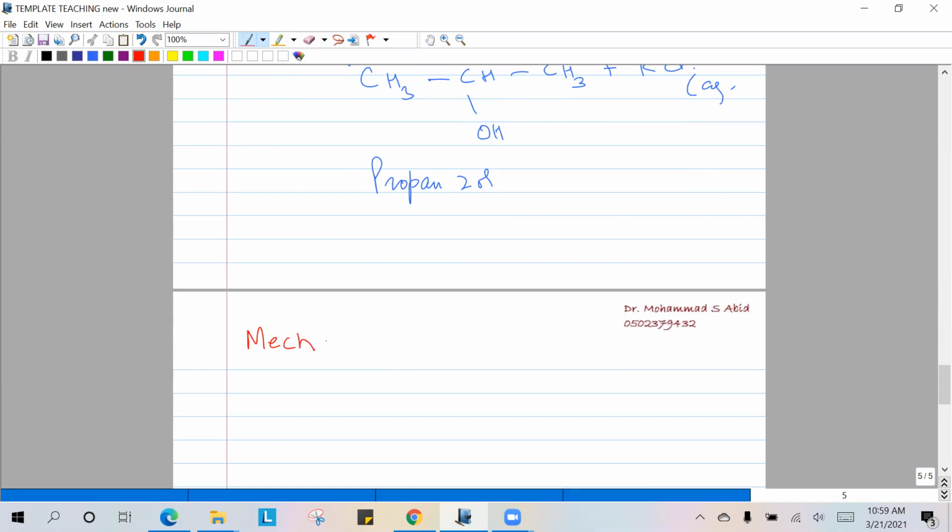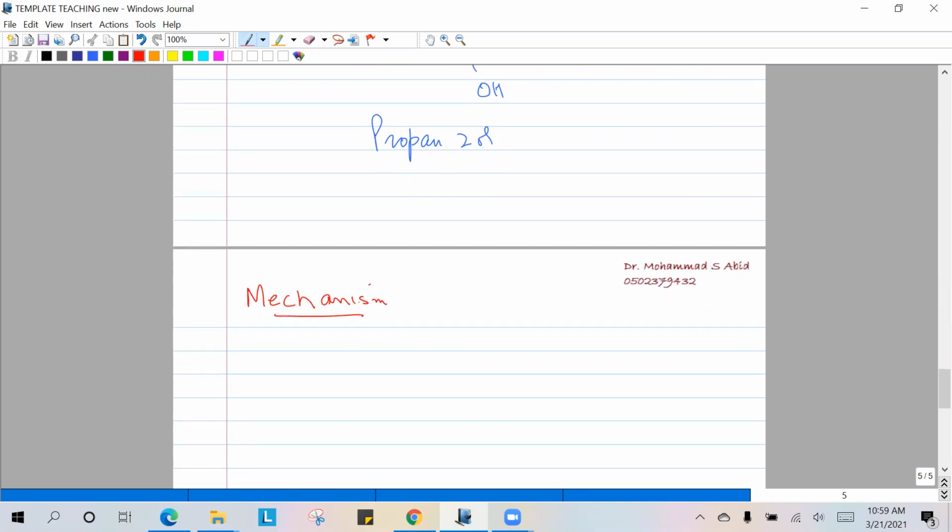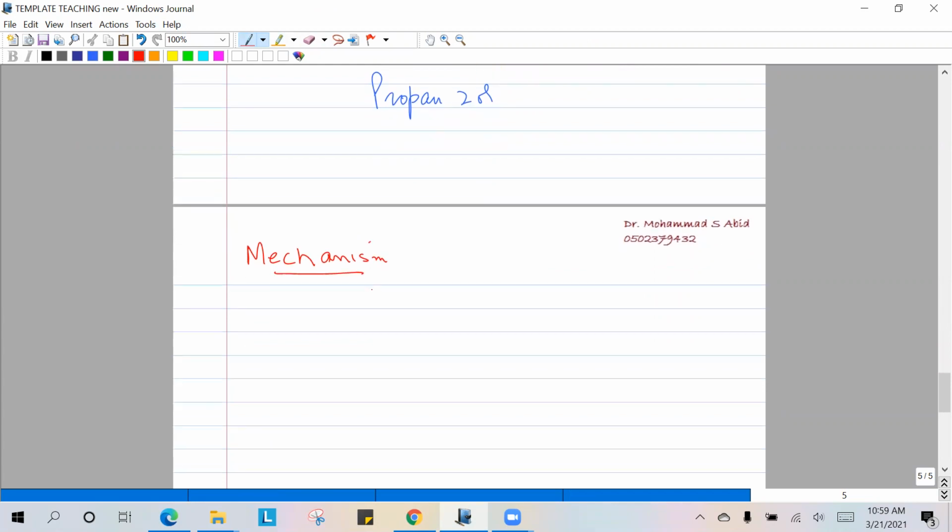So for this reaction, the mechanism would be, for example, you have CH3, H over here, and on this side Cl, just to make it a little more clear. You can have H over here, or a CH3 over here, that doesn't matter.